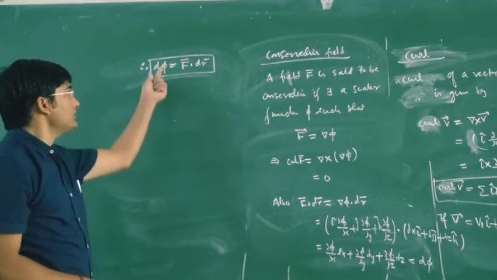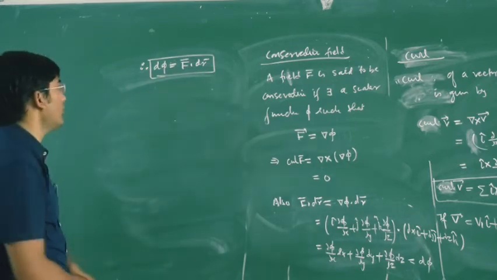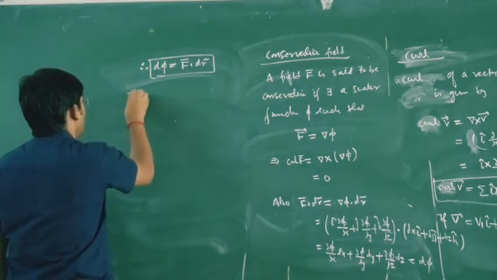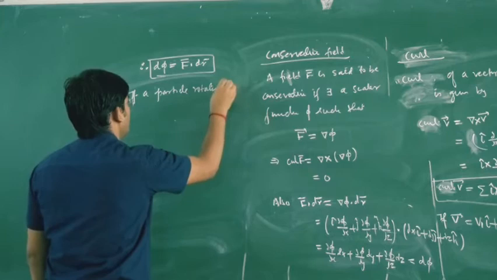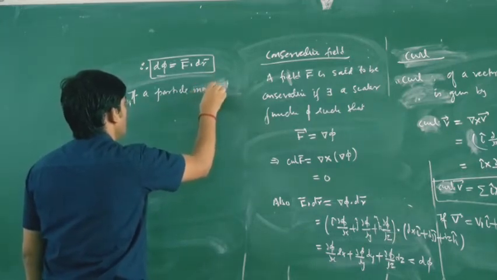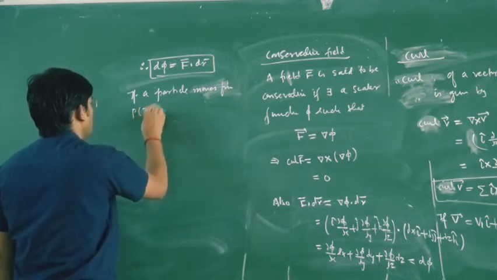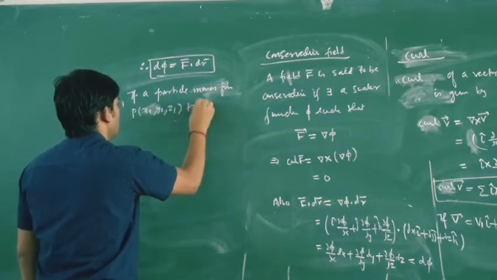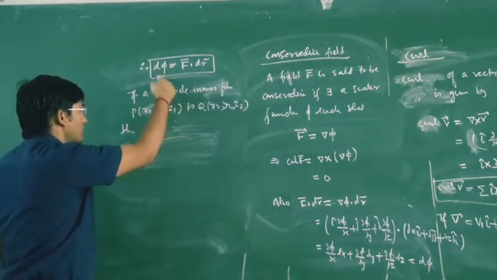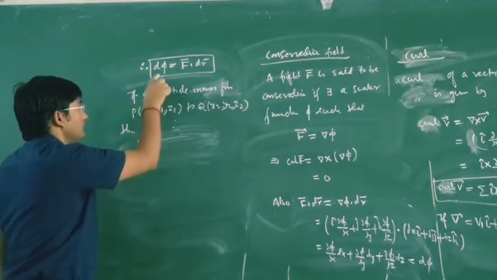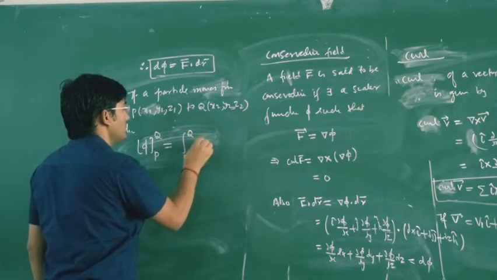Now we can easily integrate this equation, and after integration we can have the value of phi. So if a particle moves from P to Q, say P is x1, y1, z1 to Q, x2, y2, z2, then let us integrate this equation now. After integration we will have on the left hand side the limits from P to Q, and on the right hand side we will have this line integral.